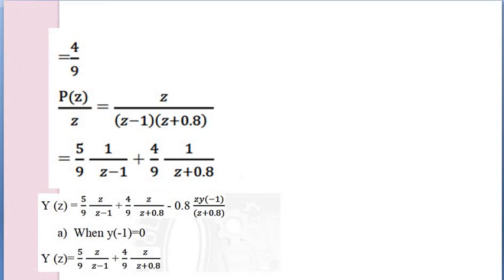Now multiply by z on the right hand side. So Y of z equal to 5 by 9 z by z minus 1 plus 4 by 9 z by z plus 0.8 minus 0.8 z into y of minus 1 by z plus 0.8. Here y of minus 1 is 0. If you substitute y of minus 1, you get Y of z equal to 5 by 9 z divided by z minus 1 plus 4 by 9 z divided by z plus 0.8.